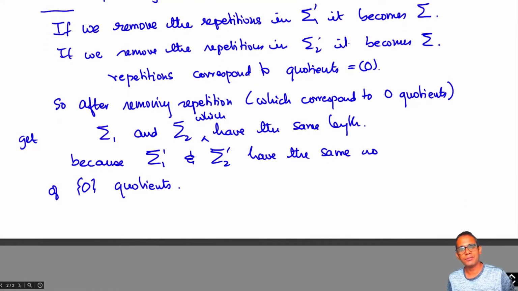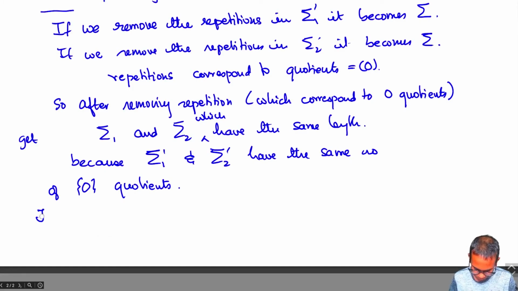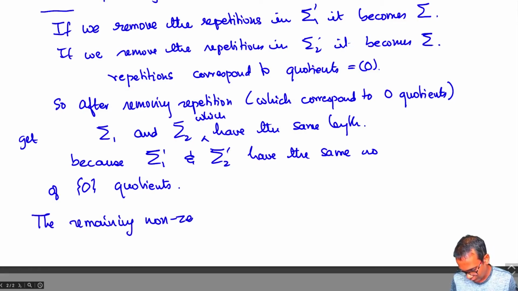And the remaining quotients, of course, they permute each other, and the remaining non-zero quotients still permute each other.